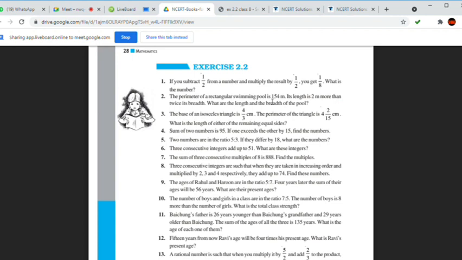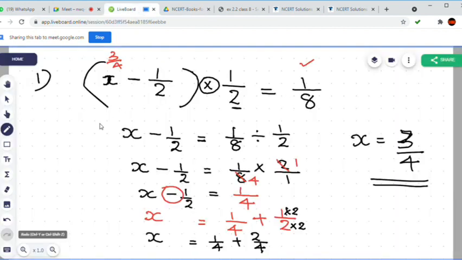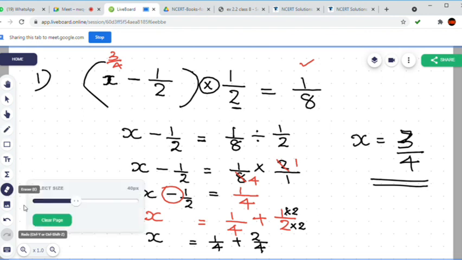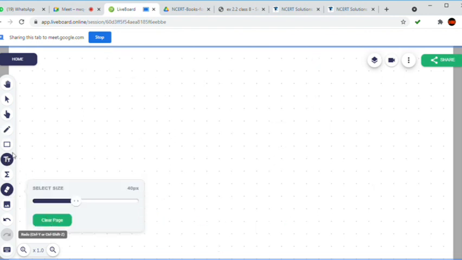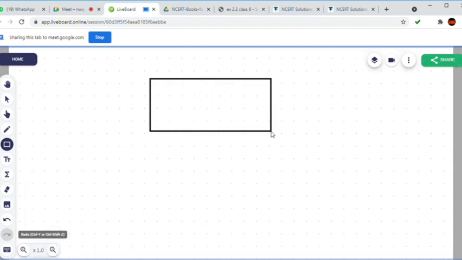Okay, so how can we find that answer? So leave space for writing that question and you listen here. Don't write, only listen. Now here we have a rectangular swimming pool and the perimeter of that pool is given.